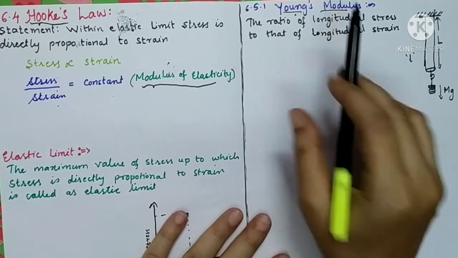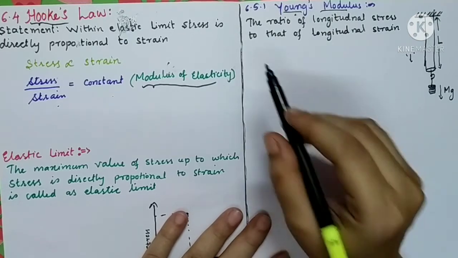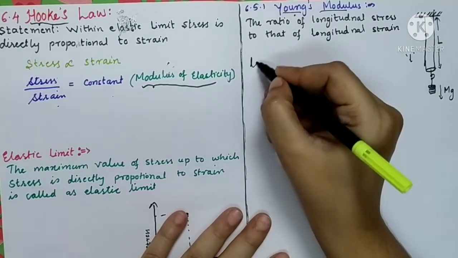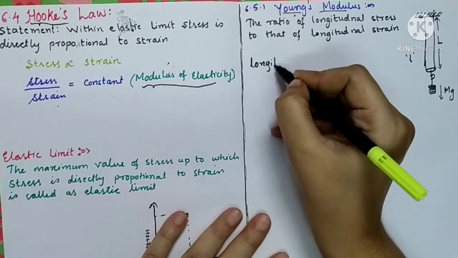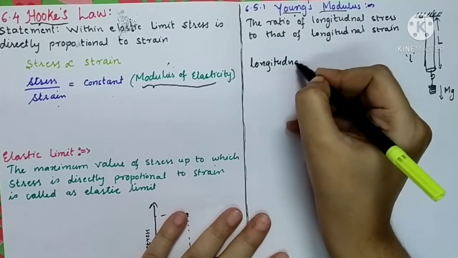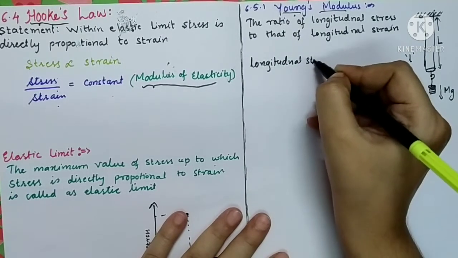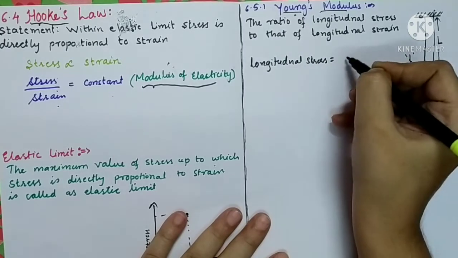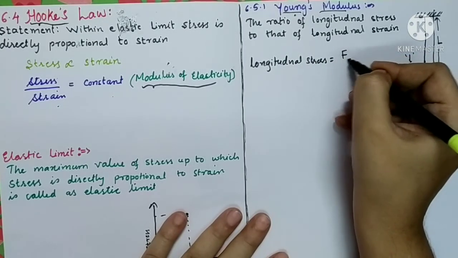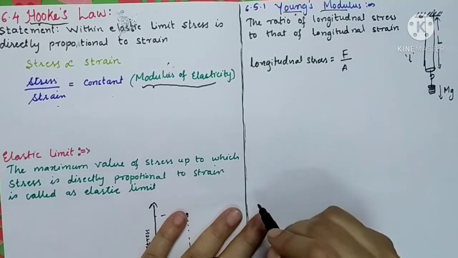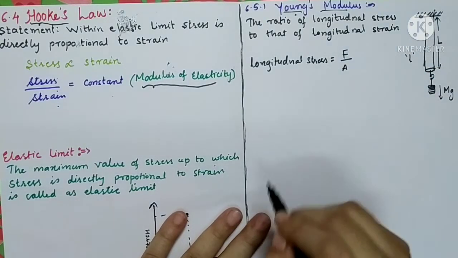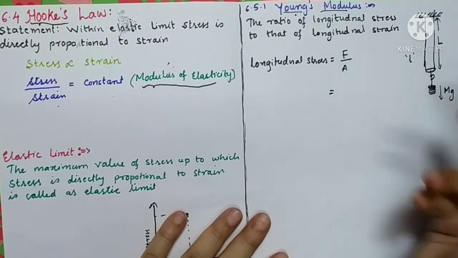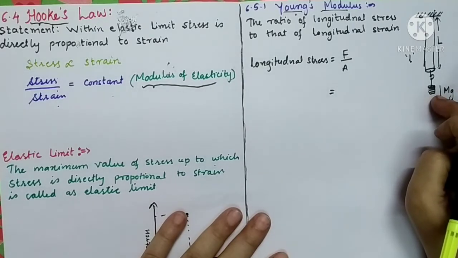So let us see how to find out longitudinal stress. Longitudinal stress subjected to this wire is stress, which is always force per unit area, F upon A. But the force which we have applied is in terms of a mass.